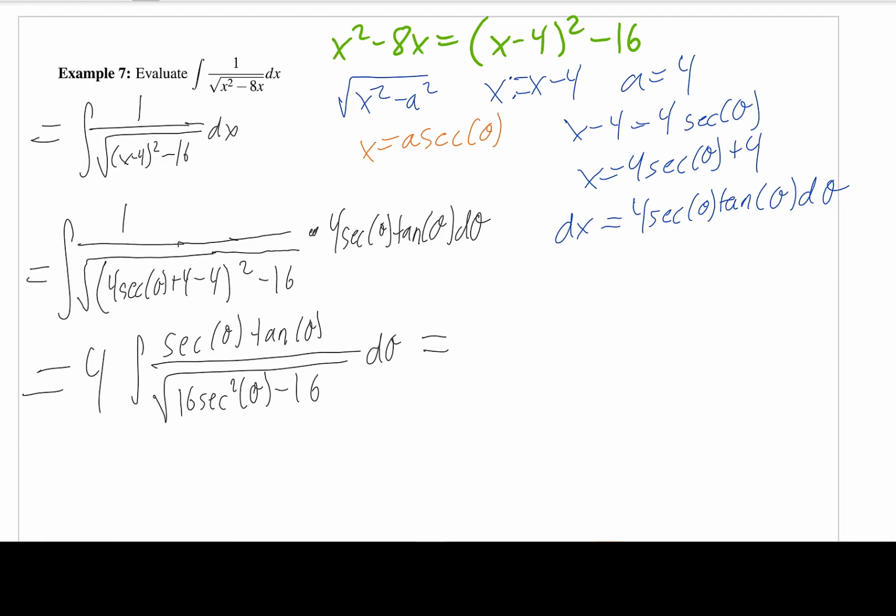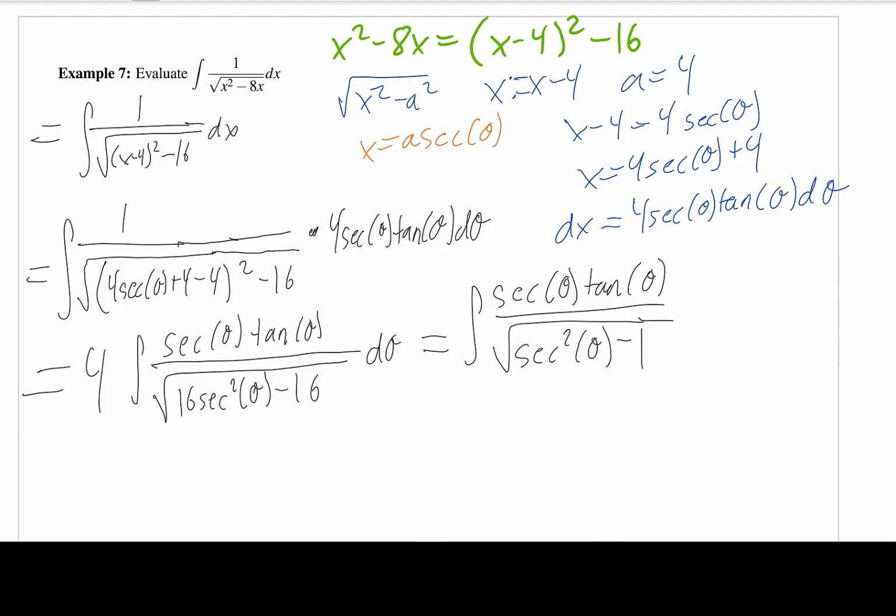So what I'm going to do is factor out that 16, which will give me a square root of 16. So I'll get a 4 outside here. And then we'll have 4 times 1/4, which will give us 1. So we get the integral of secant theta tangent theta over square root secant squared theta minus 1. Right, that came from factoring the 16 out. You take the square root of it, so you get a 4 here. And then we pull out that constant 1/4 and multiply it with this 4, which gives us 1 in front.